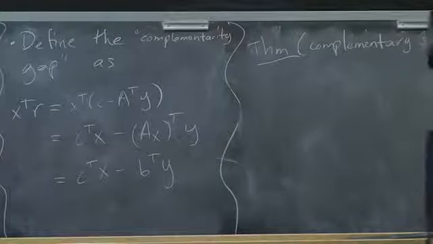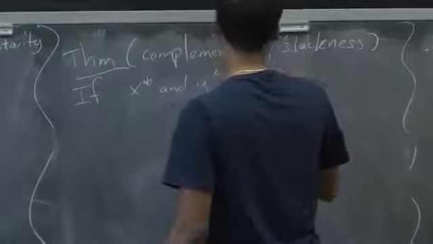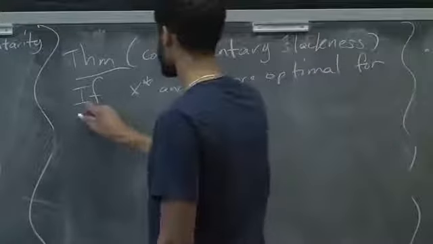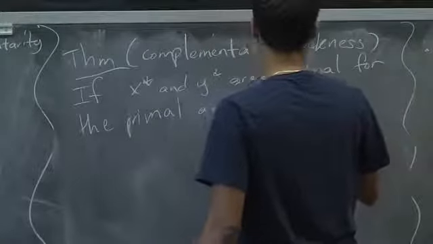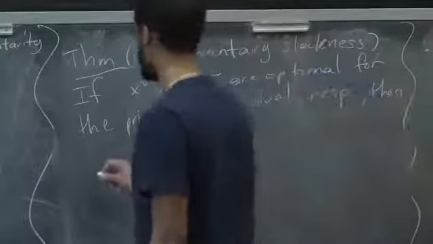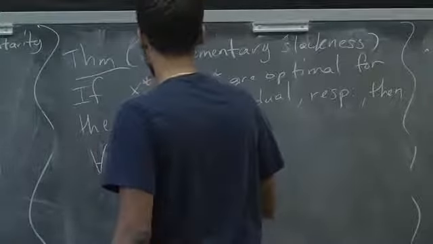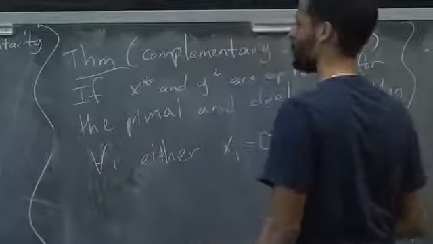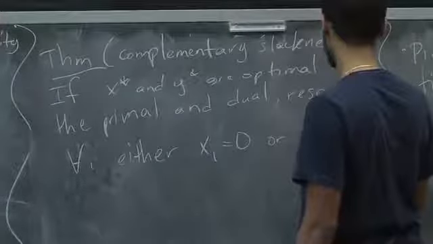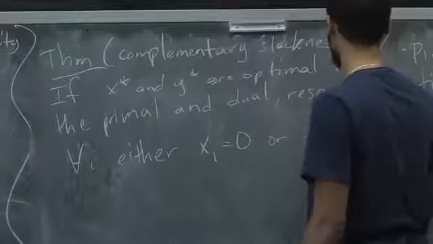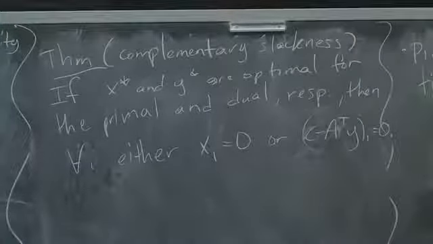So complementary slackness says if x star and y star are optimal for the primal and dual respectively, then for all i, either x_i is equal to 0 or (c minus A transpose y)_i is equal to 0. So either the dual slack is 0 or the primal variable is 0.